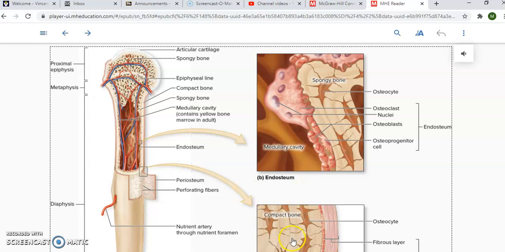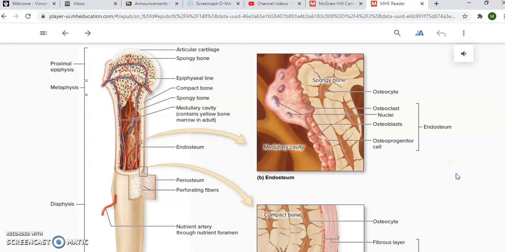All right, and then we'll do the epiphyseal line.